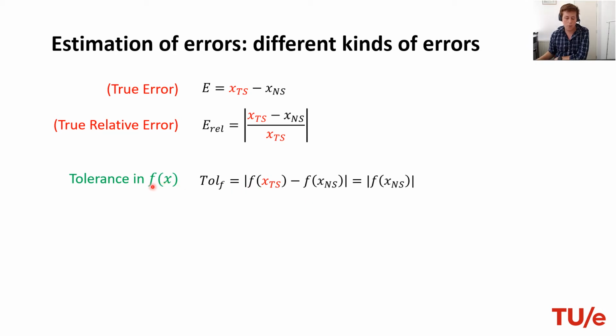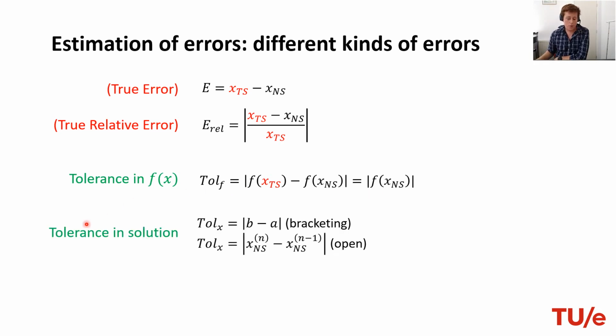We also know that in the true solution, f of x is equal to 0. That is simply the problem that we're trying to solve, by definition. So this one drops out. And we see that this tolerance in f is something we can compute. That's simply our nonlinear function evaluated at the current estimate for the solution, x_ns.